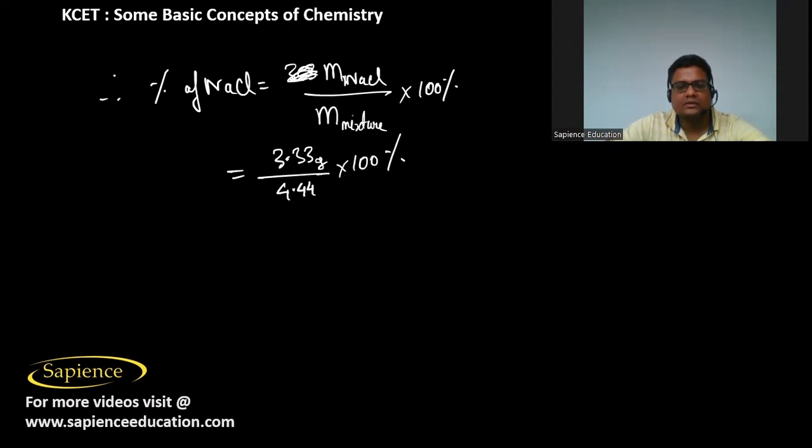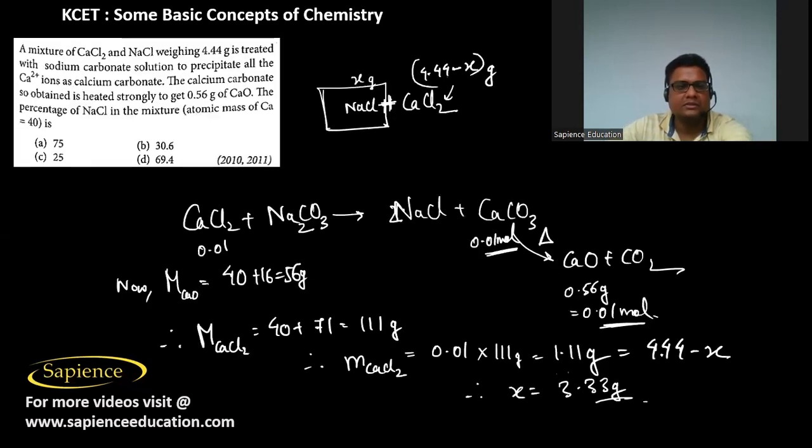If we remove the point, we can cancel out by 111. 111 into 3 is 333, 111 into 4 is 444. So 3 by 4 into 100, that is 75%. So 75% is the percentage of NaCl in the mixture. So option A is the correct answer.